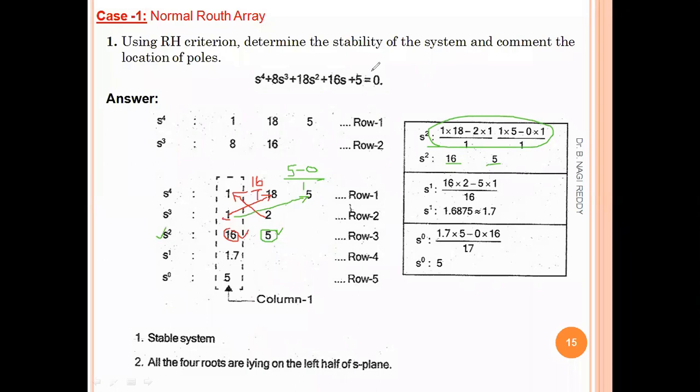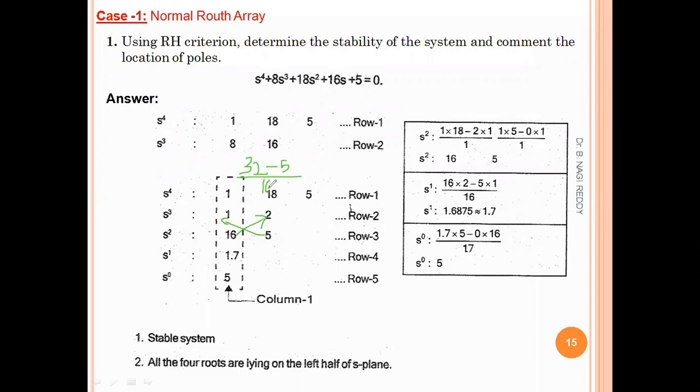Now we have calculated s square. Then what about s power 1? Simply 16 into 2 minus 5 into 1. So 32 minus 5, divided by 16, because 16 is the first column term.